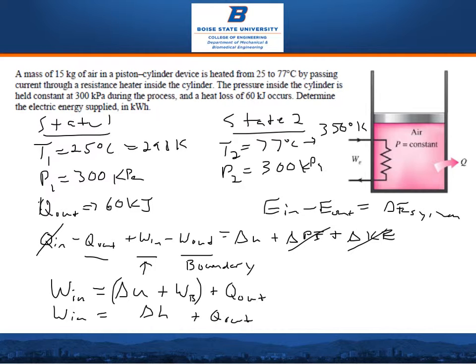Alright. So just to rewrite here, W in is equal to the mass times H2 minus H1 plus Q out.